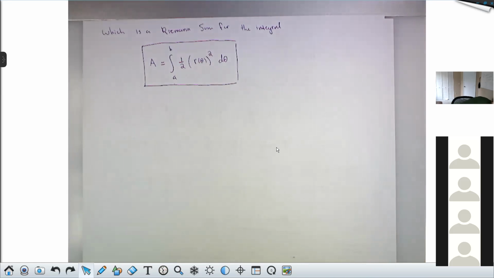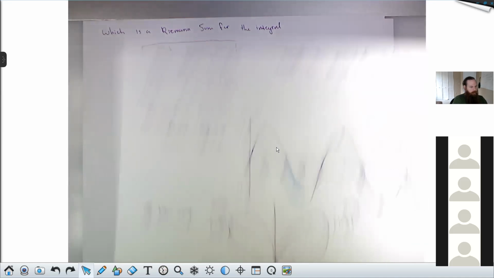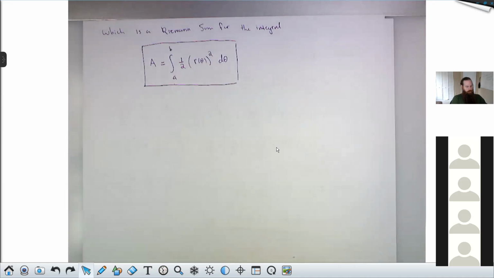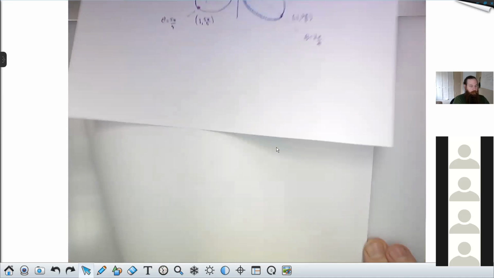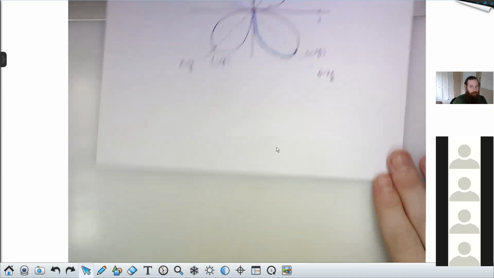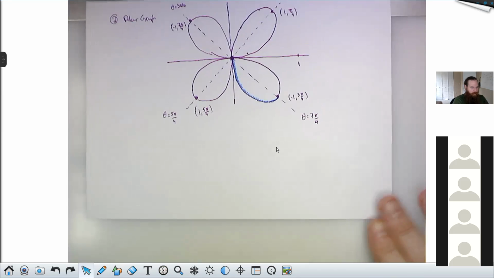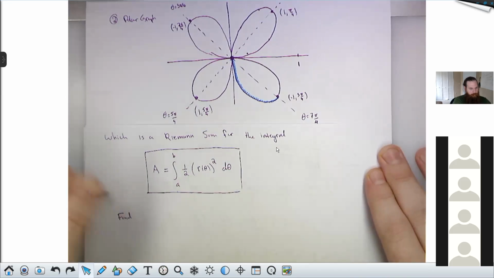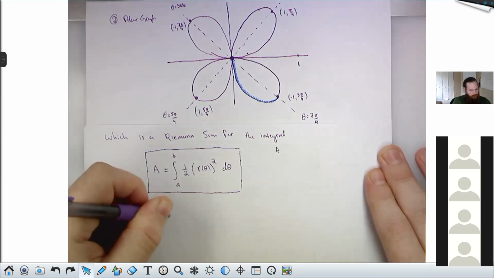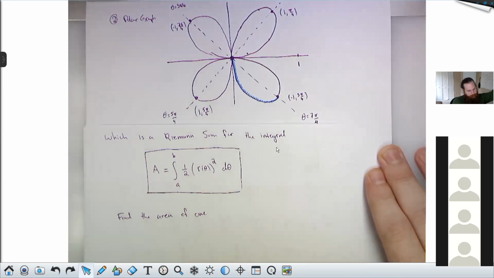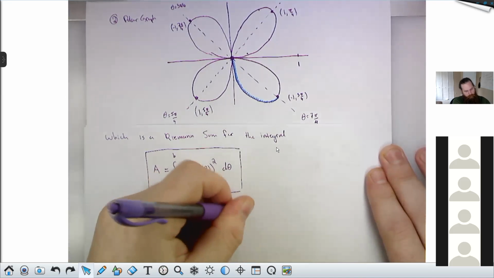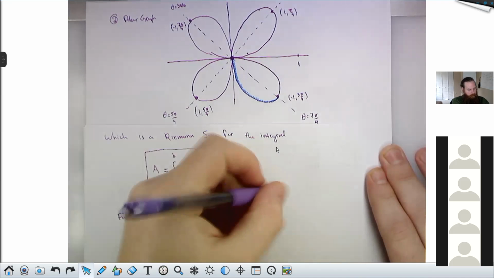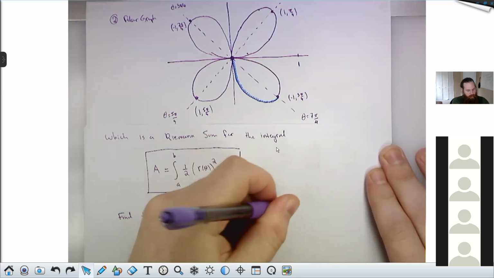So let's take this and come back to this guy. Maybe I want to find the area of that first loop. This was sine 2 theta.